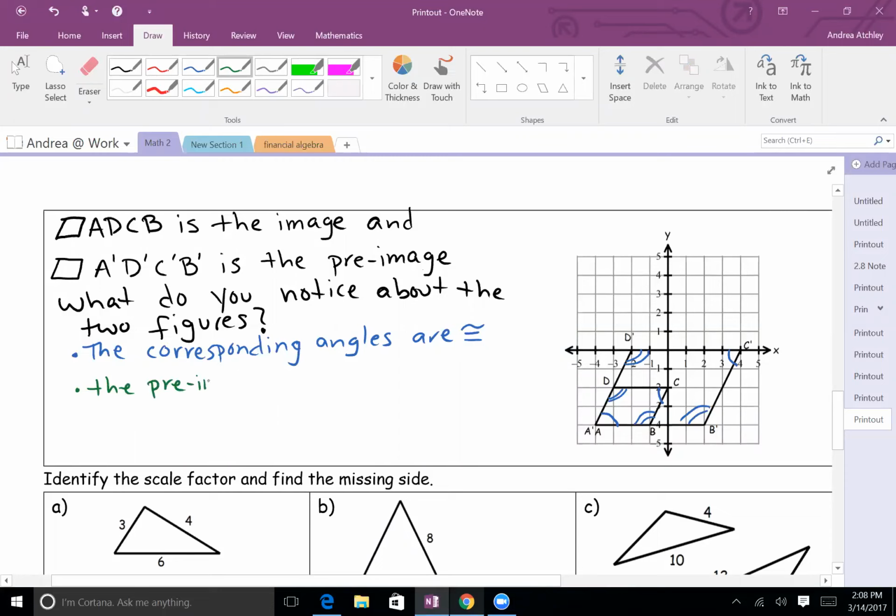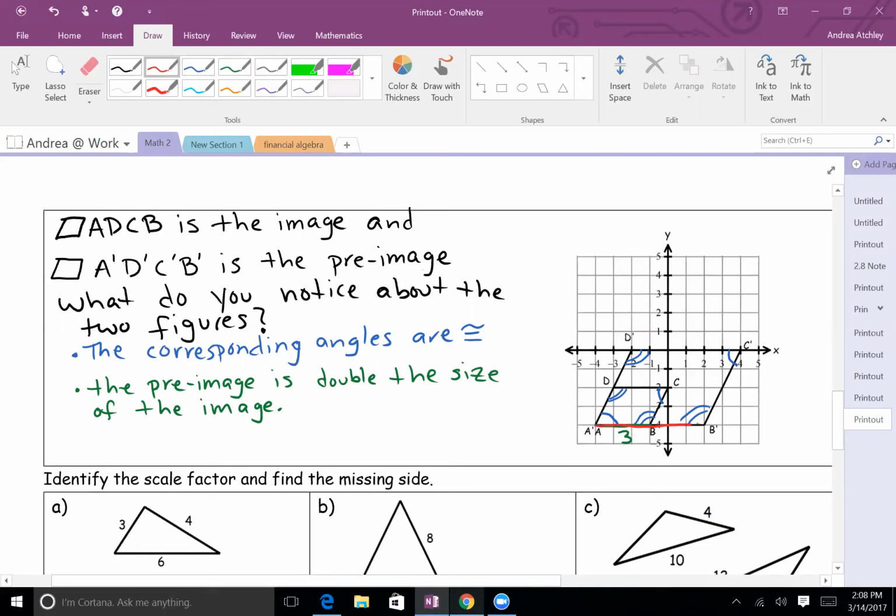The pre-image is double the size of the image. And you can see that right here. This is 3 units long.